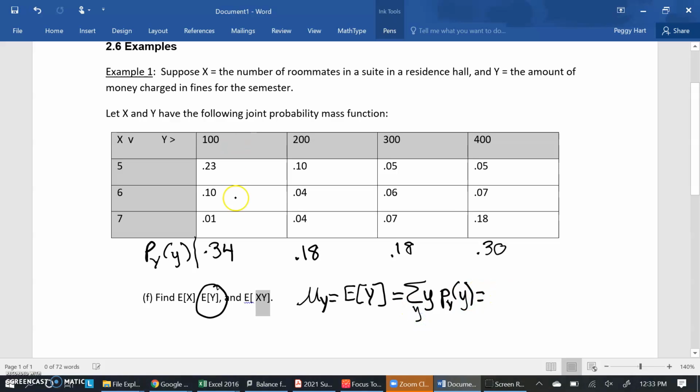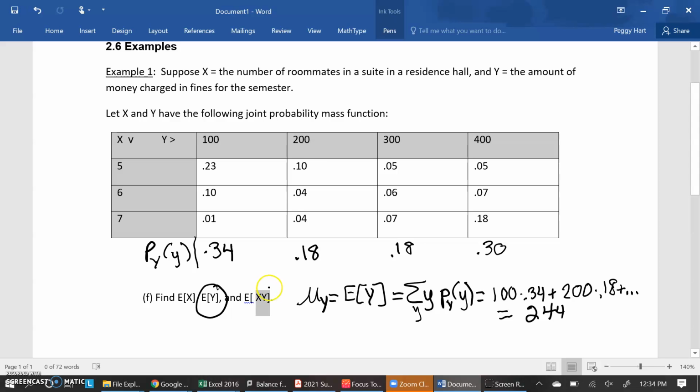So that'd be 100 times 0.34 plus 200 times 0.18, and so on. Each value times its associated probability. If you do that, the expected value of y ends up being $244. So on average, the amount of money in fines will be $244.